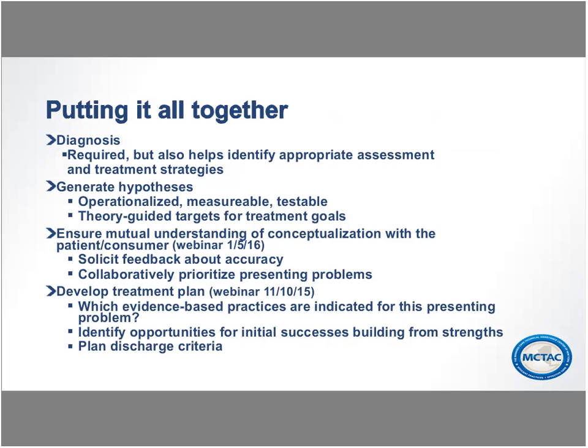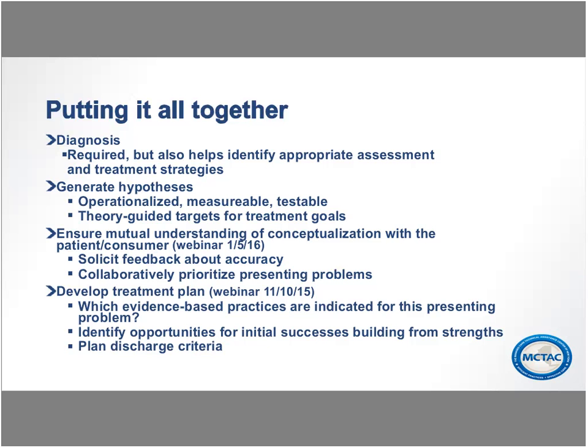So putting it all together, once the information is gathered from all of the 5Ps and other sources, there are certain things that have to occur and that can occur to provide a more parsimonious case conceptualization. Obviously, first, there's no getting around that a diagnosis is required for services.